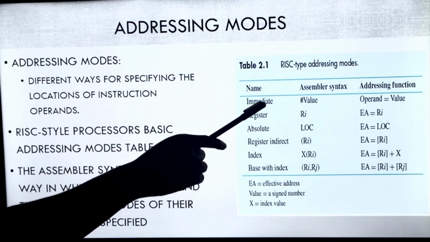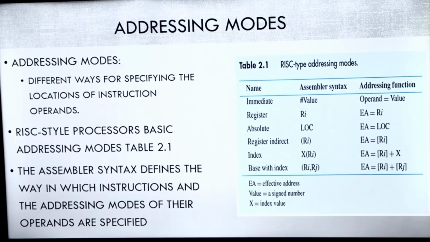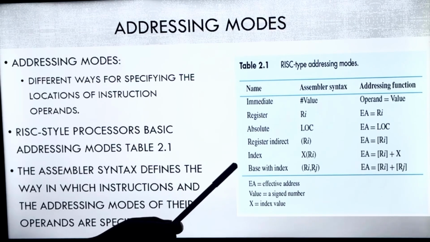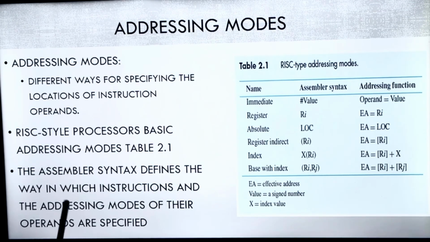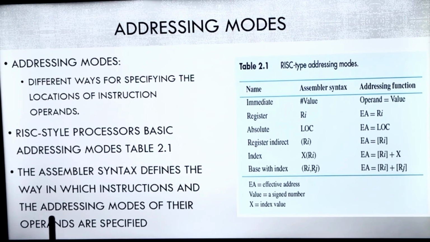What immediate addressing mode and the others are is easy to understand, it's theory. But knowing how to find the effective address is very important. You have to know that. So we'll discuss one by one how to find the effective address also. Effective address means, from the instructions, if you want the data, where you have to go, where the actual data is located.